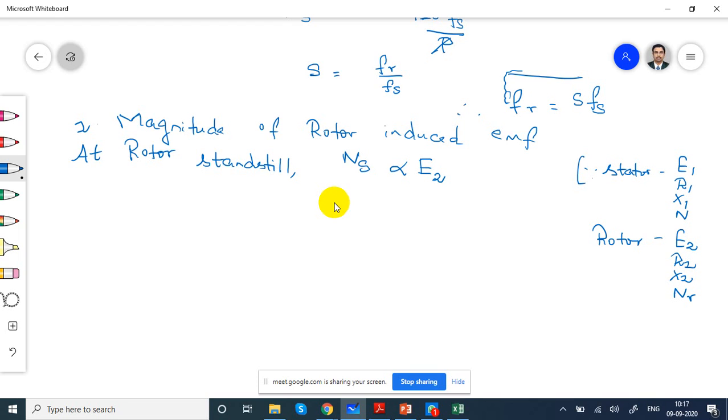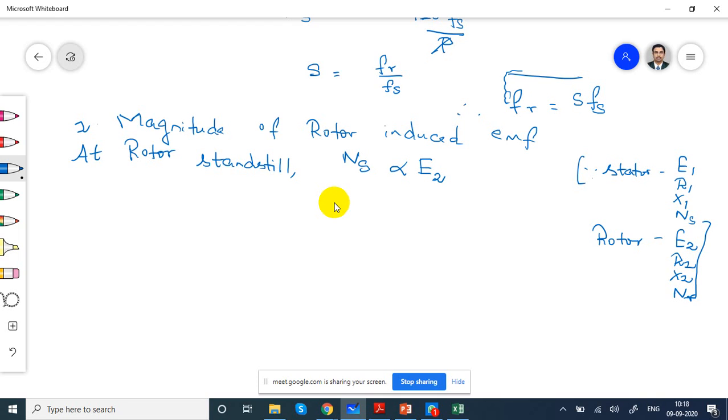Here the speed is Ns. So at stator, the notations are in terms of 1, and in rotor, in terms of 2. 2 stands for rotor, 1 stands for stator. So the synchronous speed is directly proportional to E2.